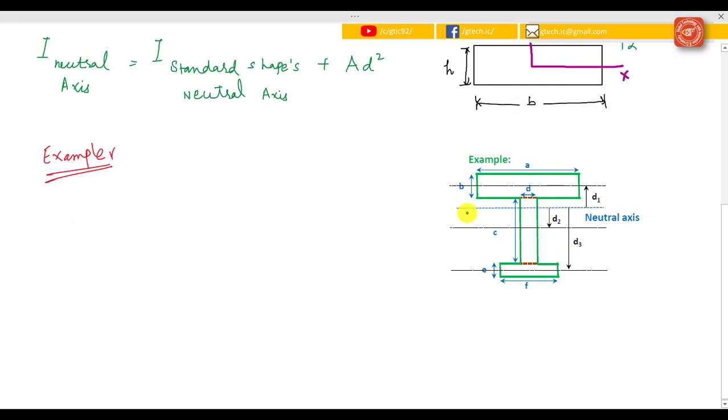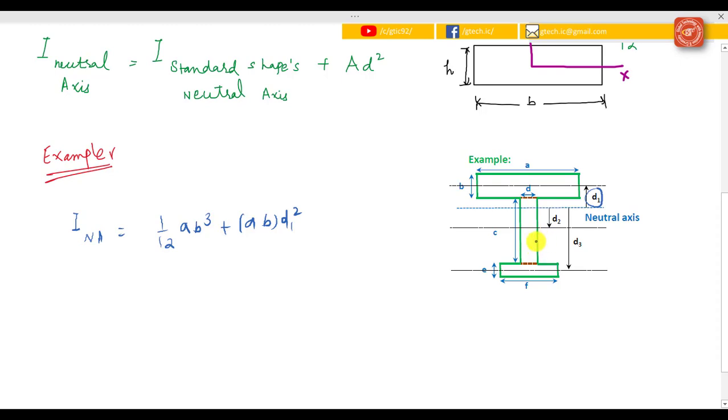So we will take this first rectangle here, and its I about its neutral axis is equal to 1/12 times the base, and the base is here A, times its height cubed, that is B cubed, plus the area of that standard shape, that is A times B, times the distance from the overall composite neutral axis to the neutral axis of the standard shape, which is D1, that is D1 squared.